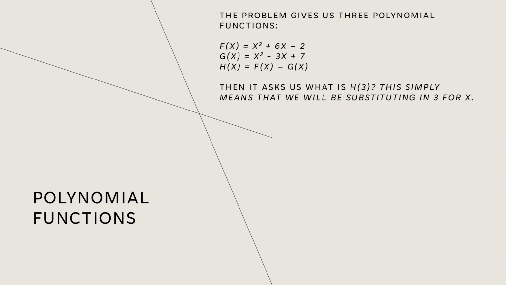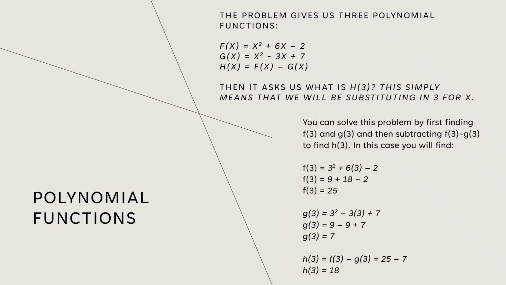Now there's two ways that you can solve this problem. You can do it first by finding what f of 3 and g of 3 is, and then subtracting f of 3 minus g of 3 to find h of 3. For the first function, in place of x, you would insert a 3, so you'd end up with 3 squared plus 6 times 3 minus 2.